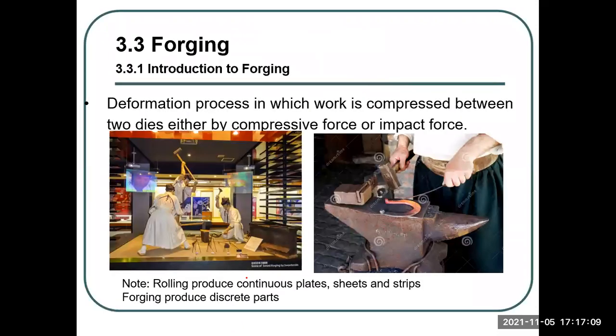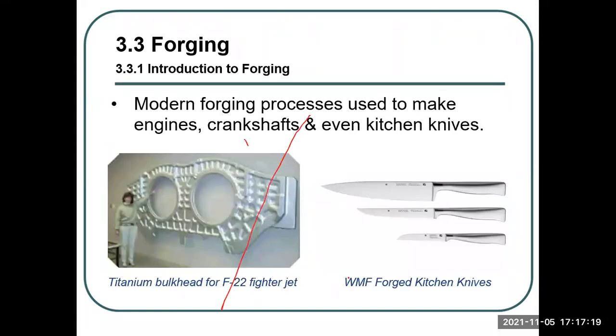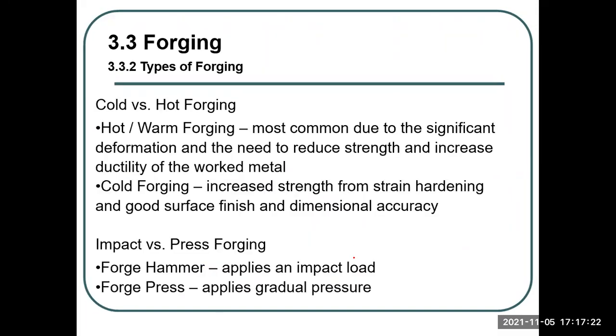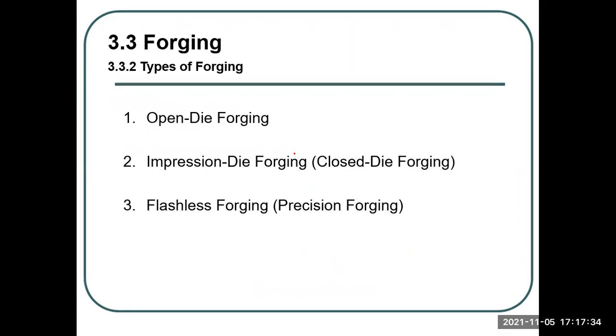And the last one, forging. Forging is just compression, right? Either by compressive force or impact. Okay, so this one no need. So the hot one, so cold and hot forging. Okay, so these are some categories, so you just make yourself familiar with them.